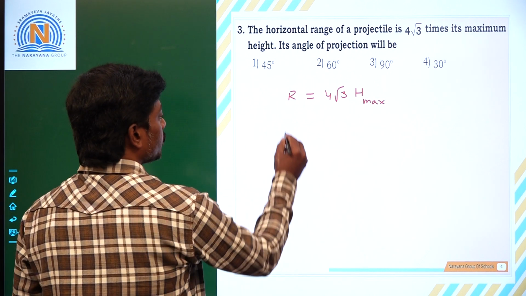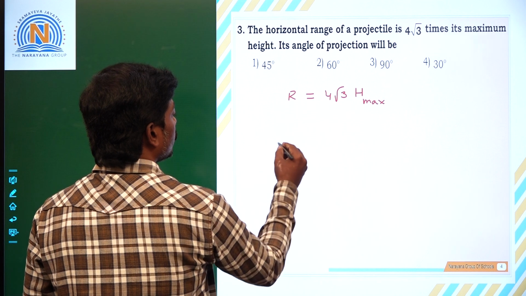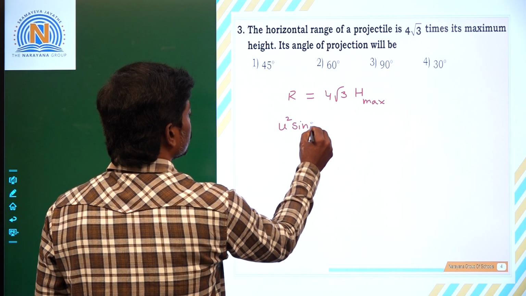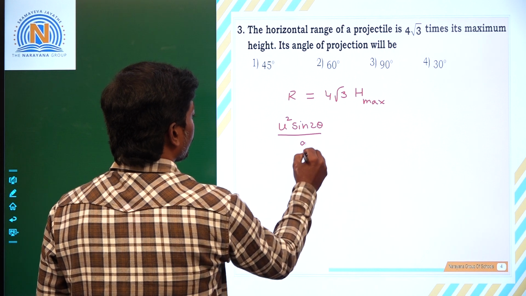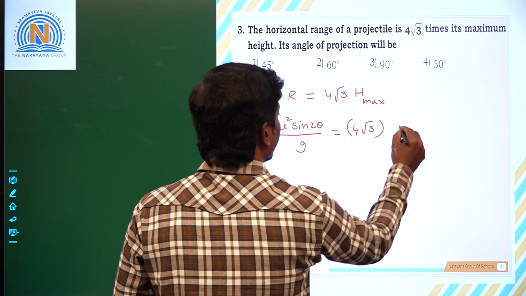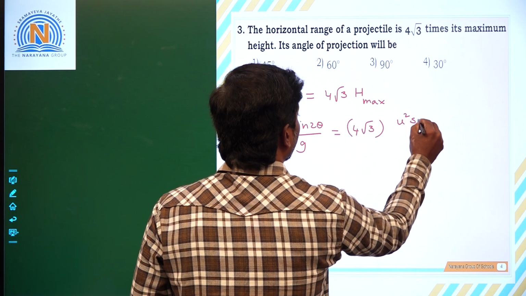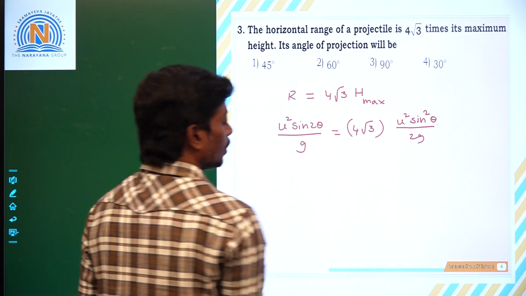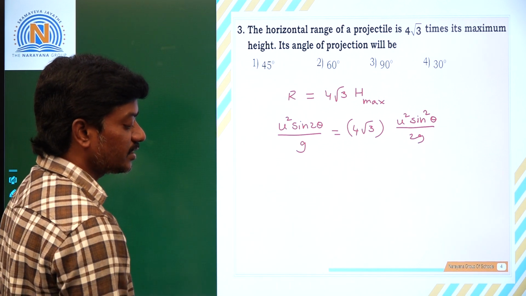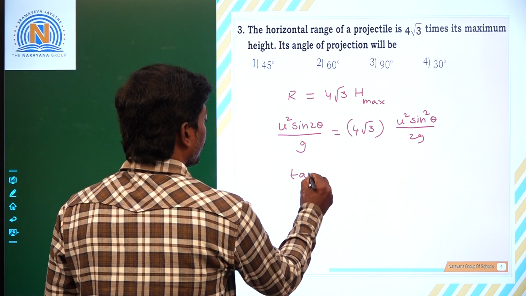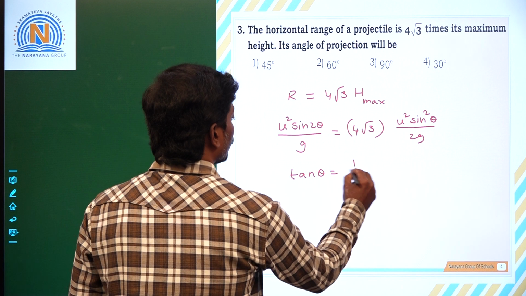So if we substitute the formulas, R = u² sin 2θ / g = 4√3 times H max = u² sin² θ / 2g. So students, if we simplify this, we get tan θ = 1/√3.